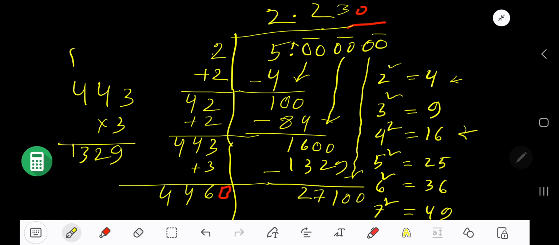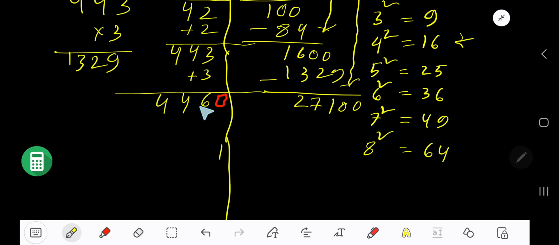Can you guess? Right here 446. Then let the guessing number be 6 and multiply by 6. So we are getting what?